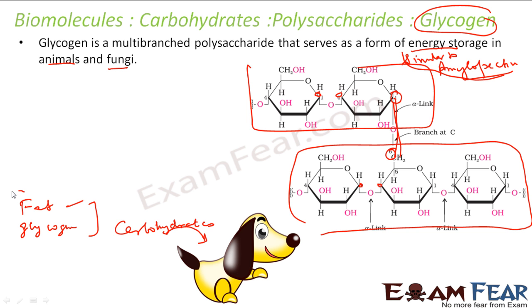For energy, fat is the first storage, because if the body needs energy, first it will break the fat into energy, and if it doesn't have enough fat, then it will break the glycogen into energy. Glycogen is present in the liver, muscles and the brain. When the body needs glucose, enzymes break glycogen to glucose. It is also found in animals, yeast and fungi.